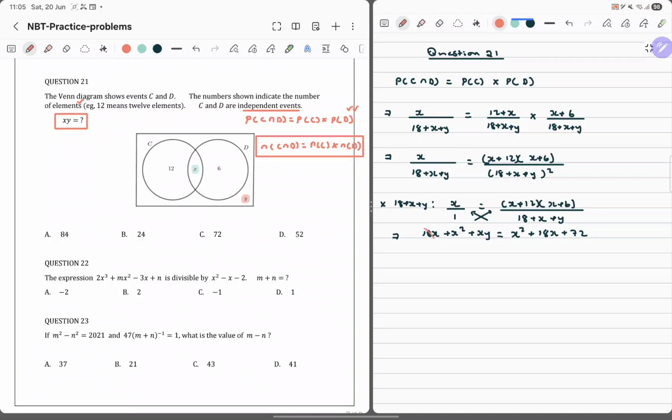The nice thing is that 18x and 18x do the number on each other. The x squared does the number to the x squared. Guess what? xy becomes 72. So therefore our answer is option C.